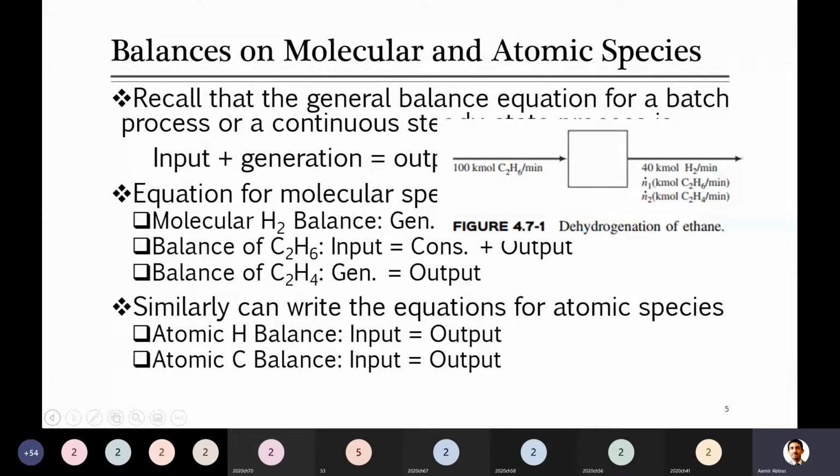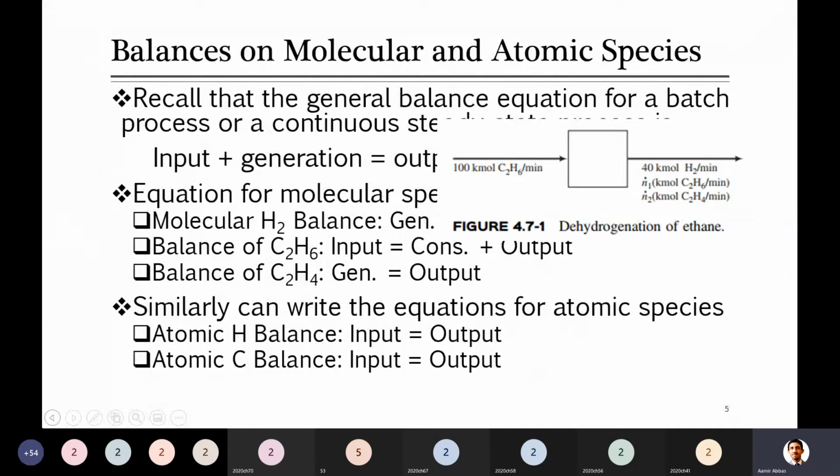Input means carbon coming to the system as a part of input streams. Here, you are not concerned about anything taking place inside the system. You just have to look at those things which are coming in and leaving the system. By the way, again I will repeat, this is one system which is steady state.